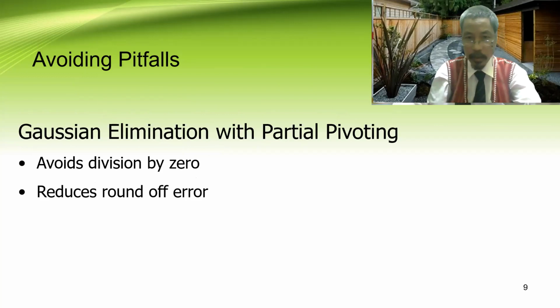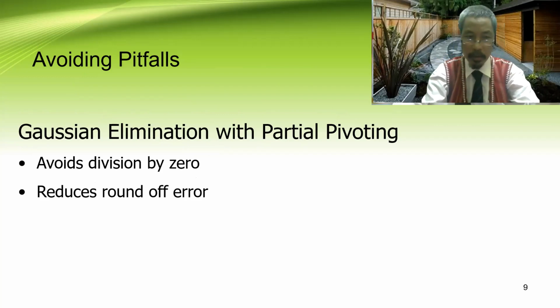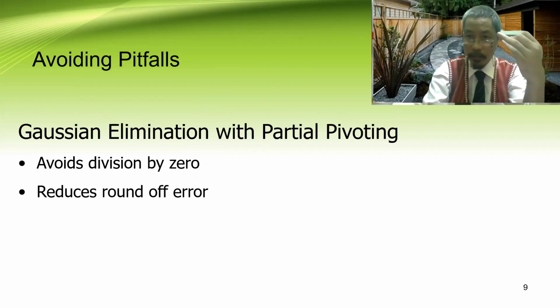Gaussian elimination with partial pivoting: partial pivoting avoids division by 0 and reduces round off error. So let us take care of these 2 pitfalls, division by 0 and round off error.